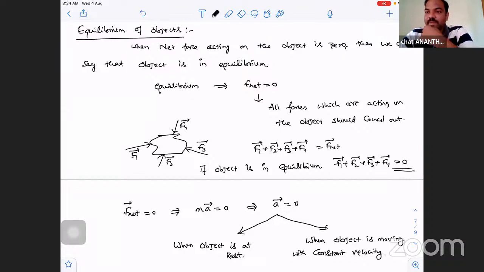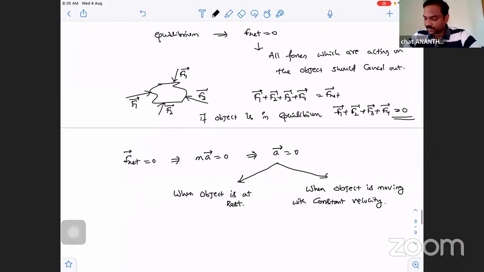So equilibrium means we have to keep net force to 0. Okay, wrote down. Then we can make one statement.